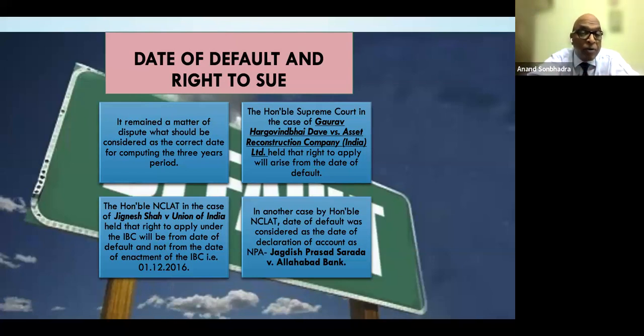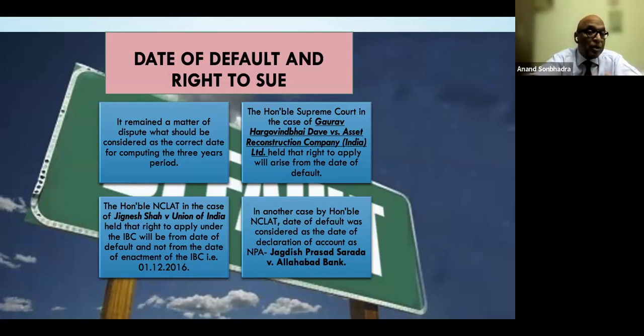This is a little bit of contradiction in terms of what we argued earlier. Of course, there has been certain different pronouncement which confuses us, and we'll have to live with it. The Honorable NCLAT in another case, Jagdish Prasad Sarda versus Allahabad, considered the date of default to be the date of declaration of account as NPA, which could be different.